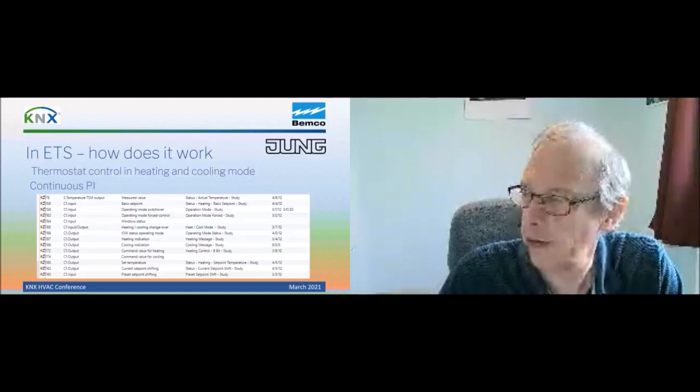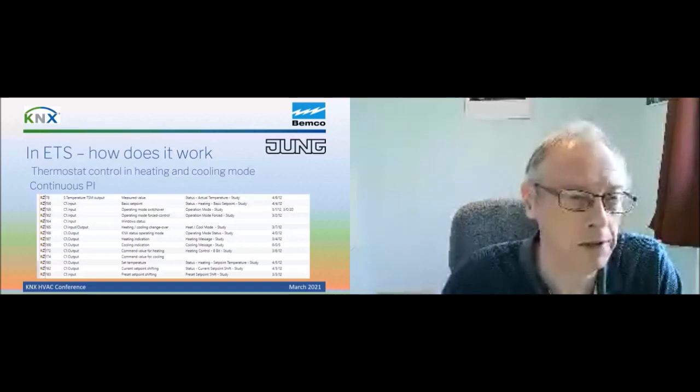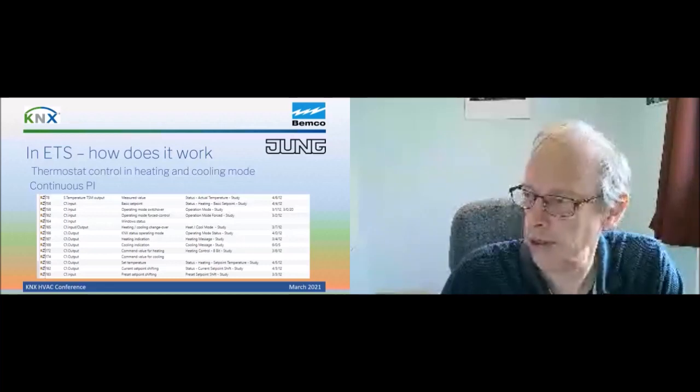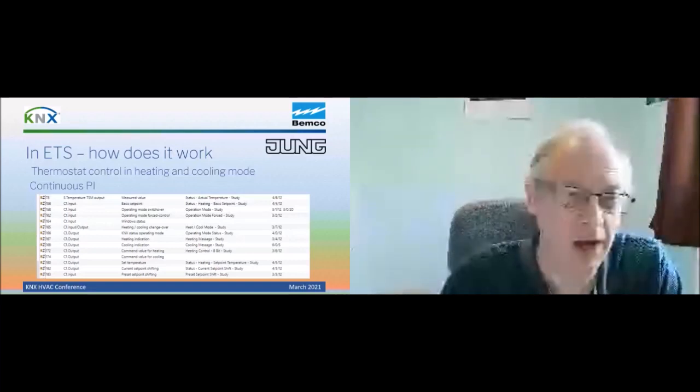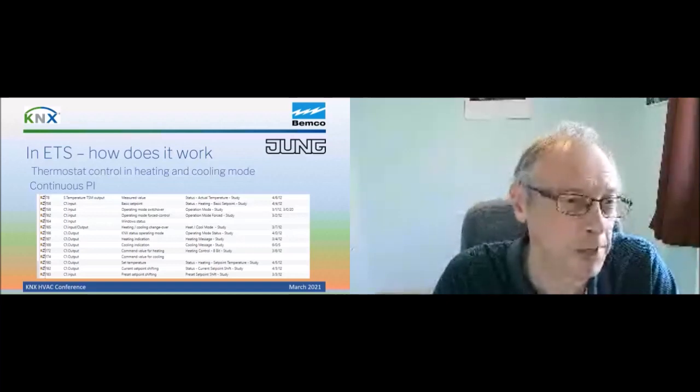We have the operating mode, so we can switch between night and day. And of course, we can timer it as well, so that we have a global switchover between night and day. We have our heating and cooling switchover, as I've mentioned, and the statuses will come out again for our visualization, so that it can always give us the correct information.